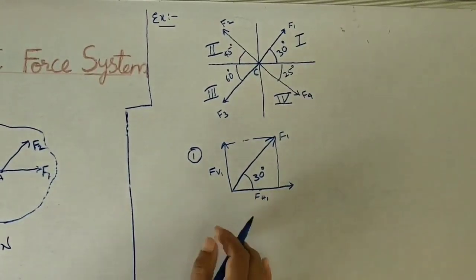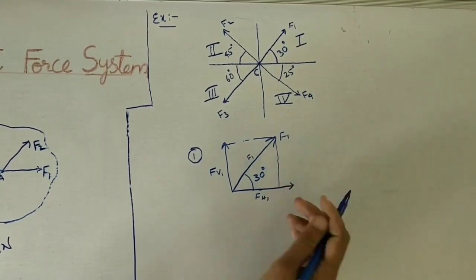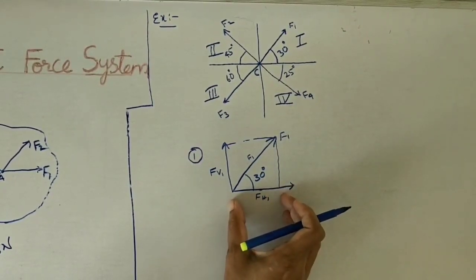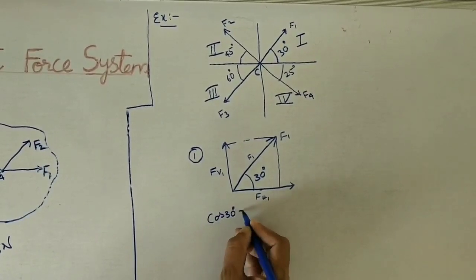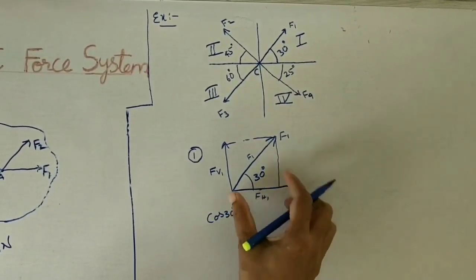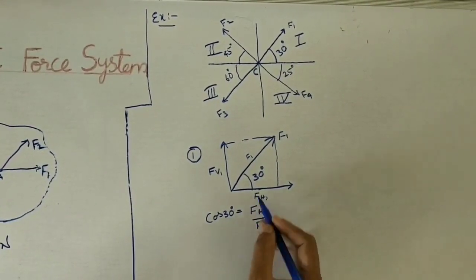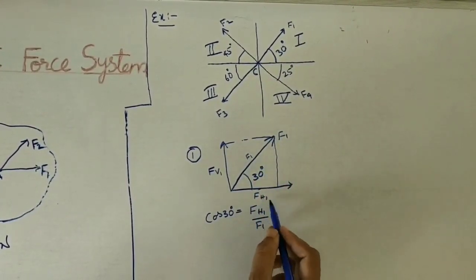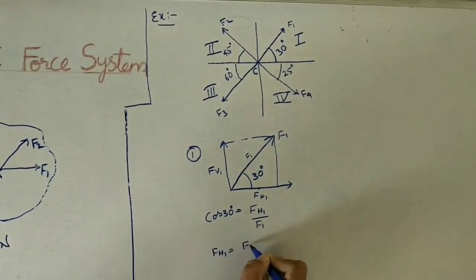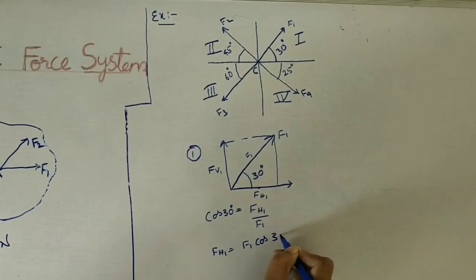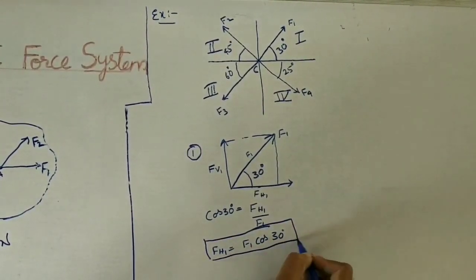Now by using this triangle, this is F1 magnitude, and we need to find the horizontal value, so we can apply cos 30 in this triangle. Cos 30 is equal to FH1 by F1. F1 quantity will be given, so we need to find FH1. FH1 is equal to F1 cos 30. We can find this value by using the given values.